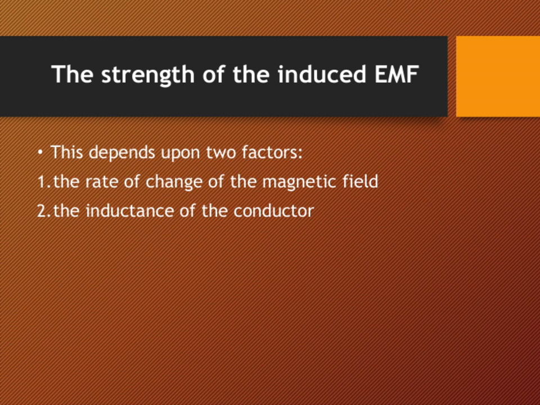The key idea here is that the strength of the induced EMF is directly related to these two factors. So, understanding how fast the magnetic field varies and the properties of the conductor helps us predict the magnitude of the induced voltage. This ties back to the overall theme of electromagnetic induction, how changing magnetic environments influence electric currents and voltages in conductors.